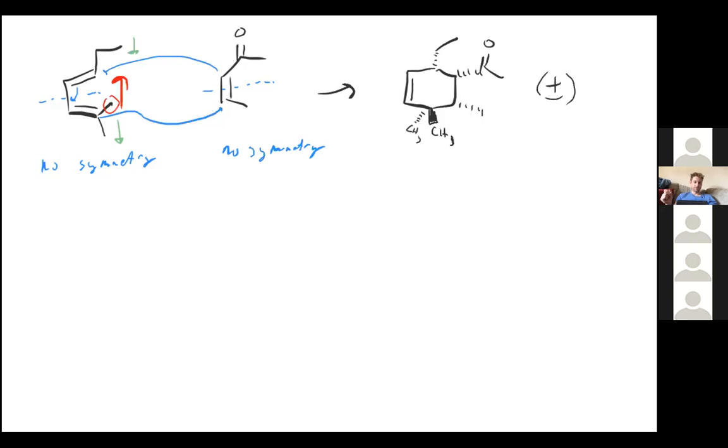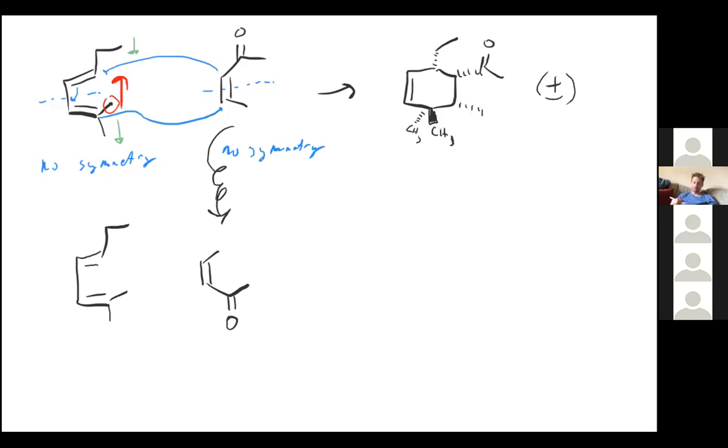Okay, they both don't have symmetry to them, so we could flip them over. We're essentially doing the exact same thing in terms of stereochemistry.